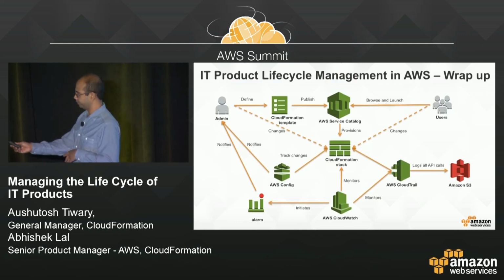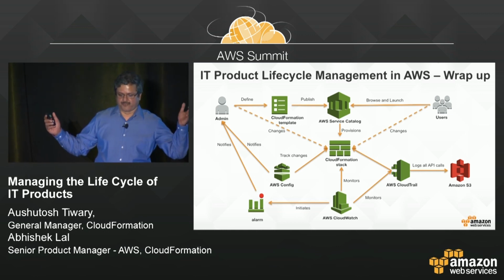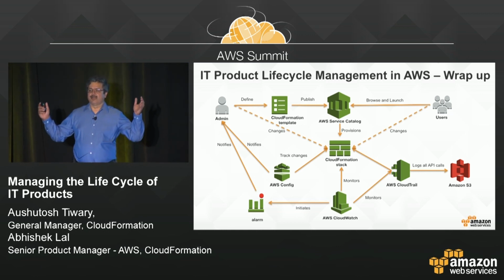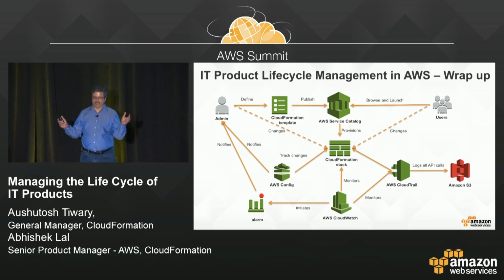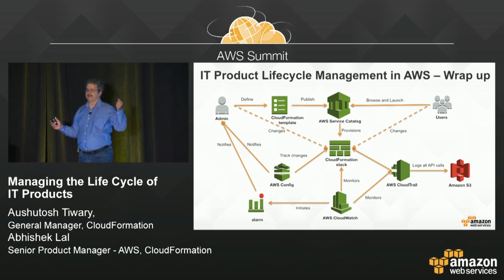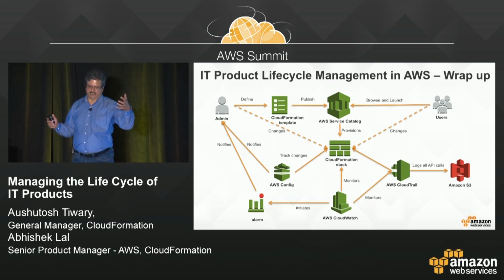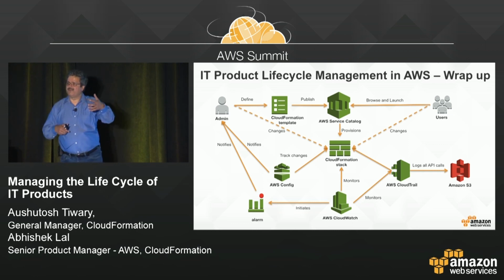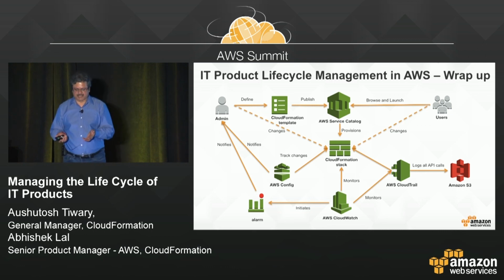Back to Ashutosh. Thanks. So let me just recap what we've talked about so far. We've talked about how to manage the life cycle of an IT product in AWS, starting with the administrator who defines the architecture of the product in CloudFormation templates and publishes it in the Service Catalog. Users come and find those templates, launch them, and conduct their business functions. That creates a CloudFormation stack.